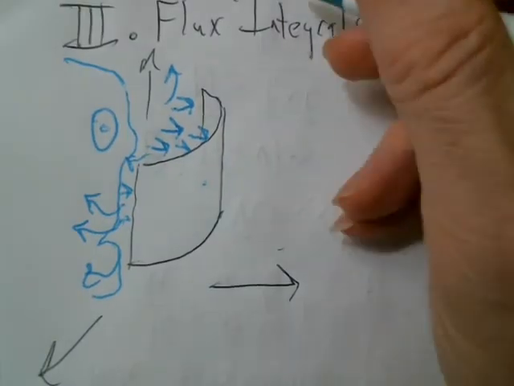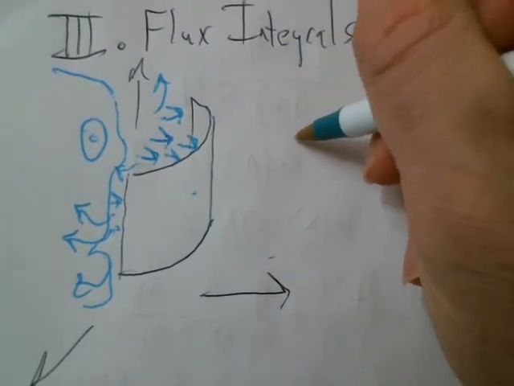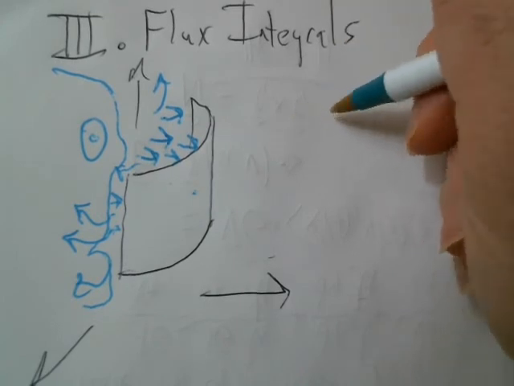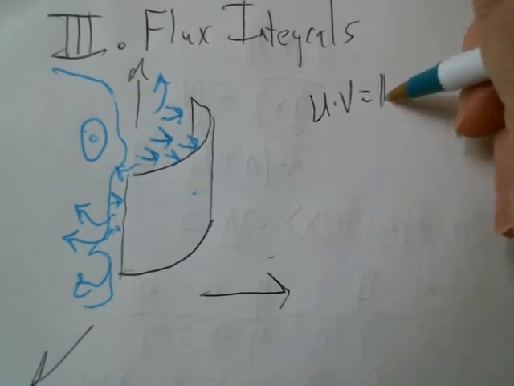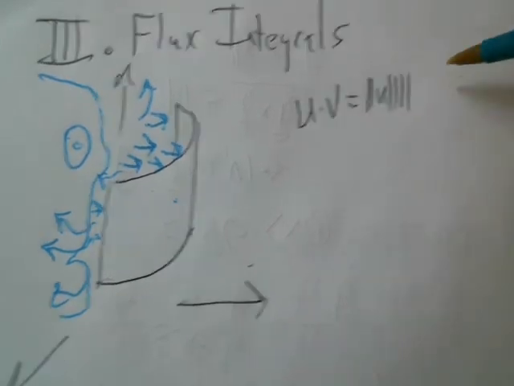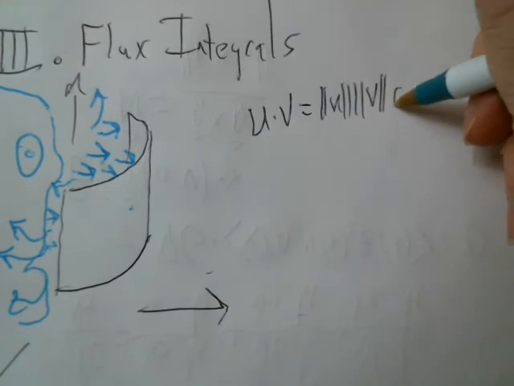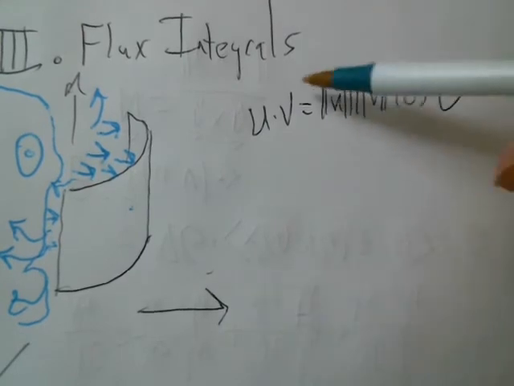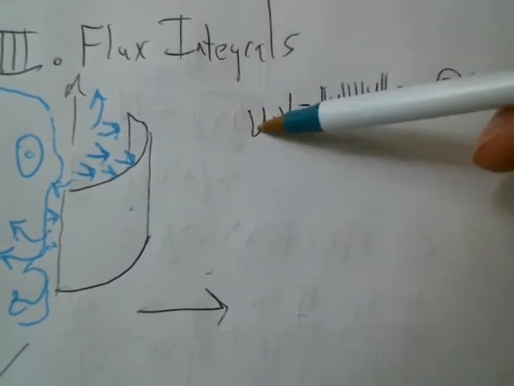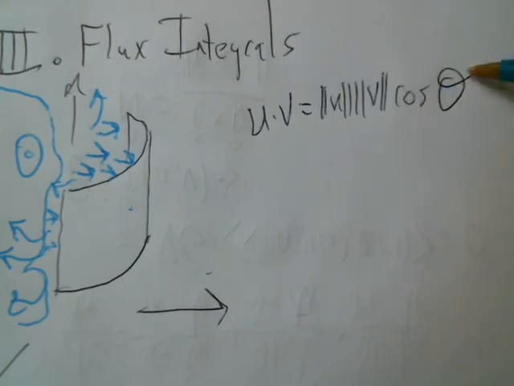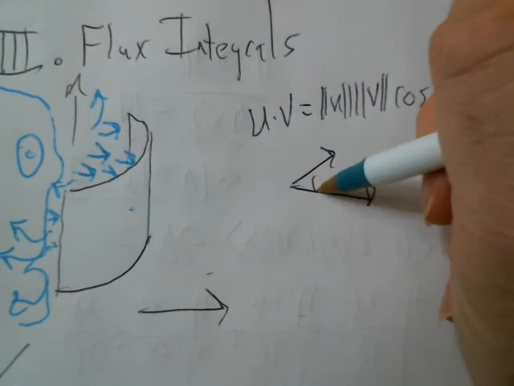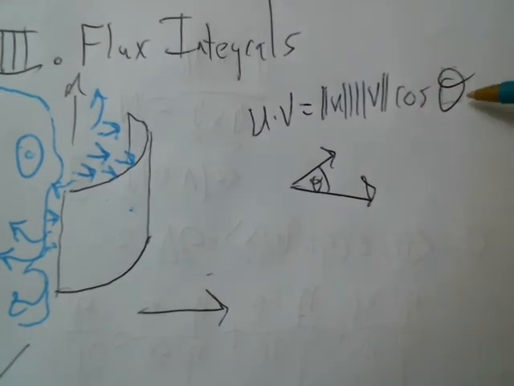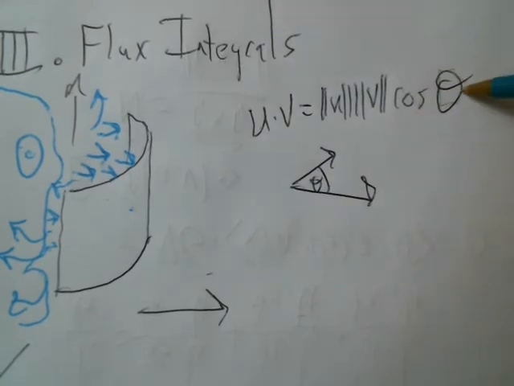So if you remember the dot product, what the heck was the dot product? So a dot product, like u dot v, was equal to the magnitude of u times the magnitude of v times the cosine of theta. So when these vectors are in alignment, that means this theta angle, which is the angle between the vectors, is going to be very close to 0.